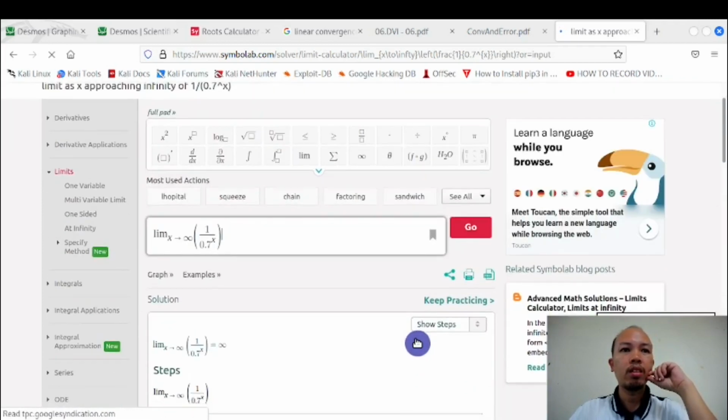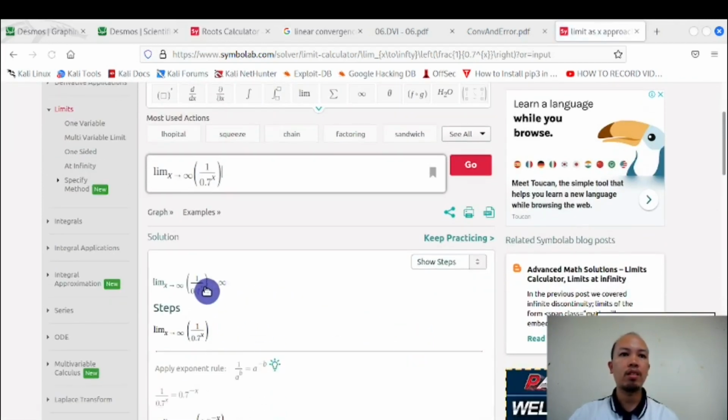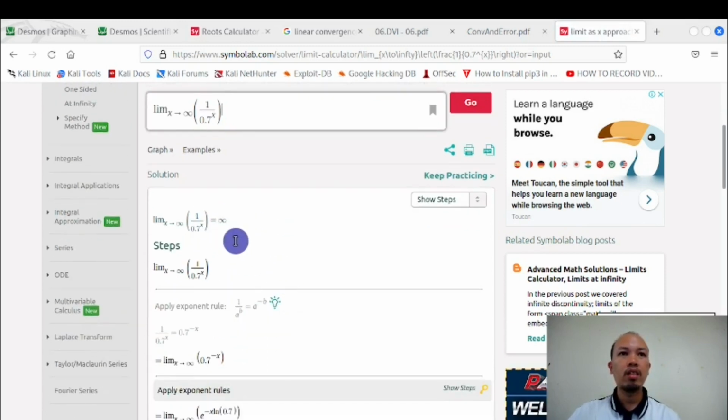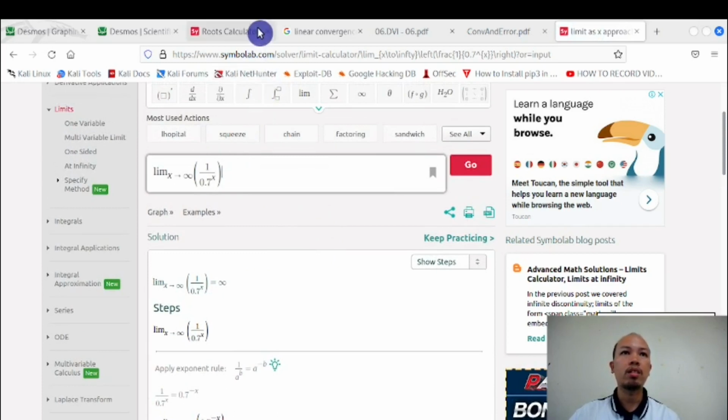Okay, so the answer is infinity. Okay, the limit does not exist if alpha is equal to 2.